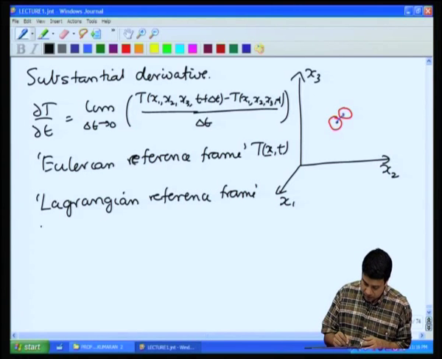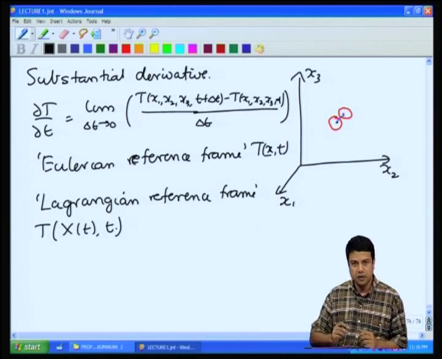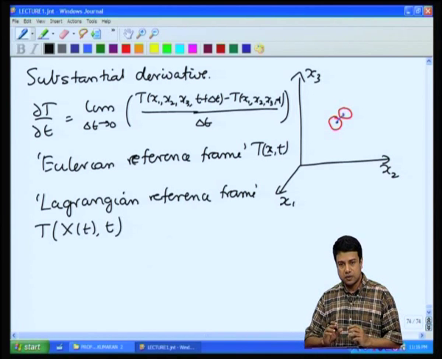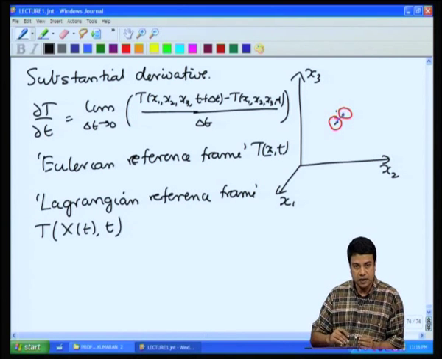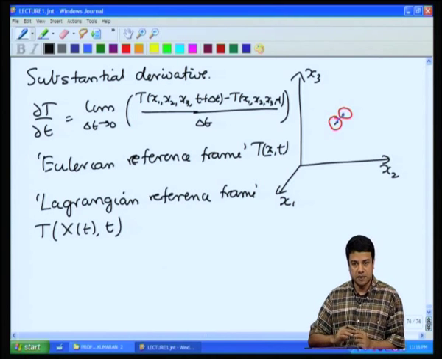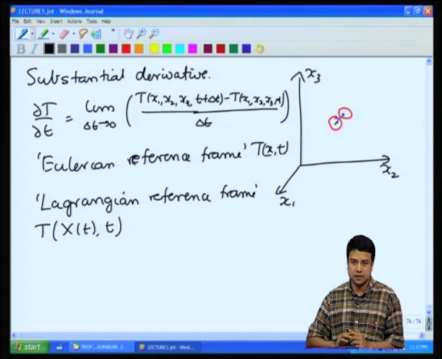Okay. So, in this case, you write it as T as a function of the parcel's position x(t), because the location of that parcel itself is now a function of time. It has some one value at this instant, one value at that instant, and it is moving in space, and therefore, it is carrying the temperature or the concentration along with it. Okay. So, that is the Lagrangian reference frame.